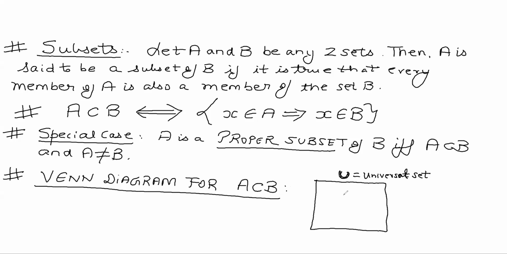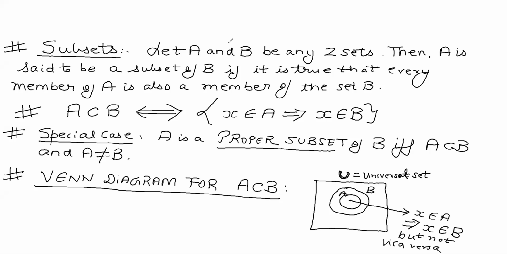Within this, I have B, and A lies within B. In the diagram, you can see that set A lies within set B. It means if I take an element X which belongs to A, it implies X also belongs to B, but not vice versa, because I can choose an element Y which belongs to B, but Y does not belong to A.